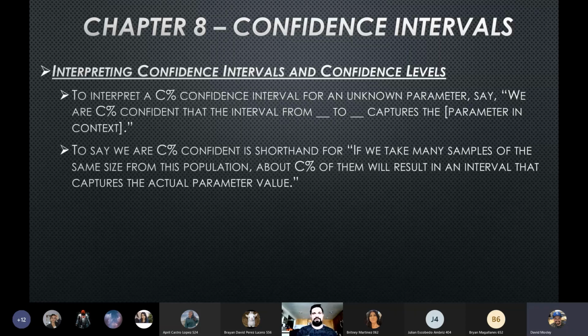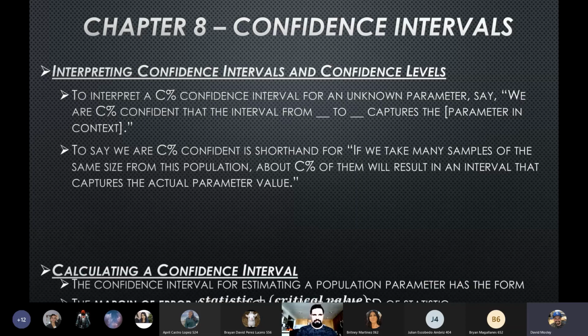If you're asked to interpret the C% confidence interval, right, so your conclusion, we are 95% confident that the interval captures the true mean, true proportion, that's one thing. If you're asked to then interpret the confidence level in context, right, that's the second thing here.